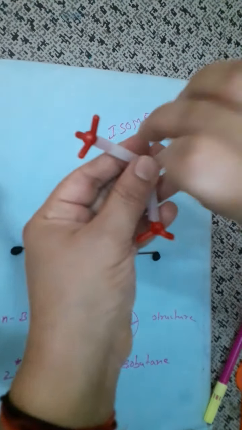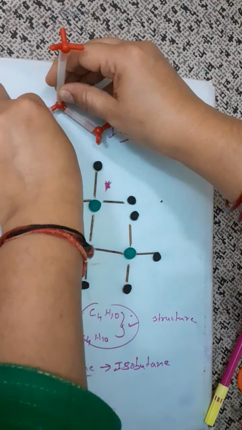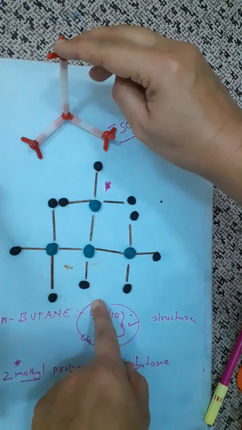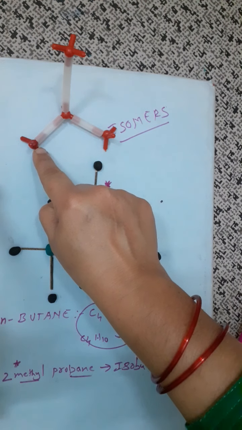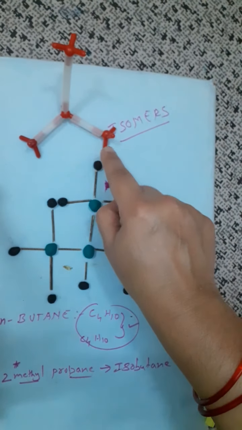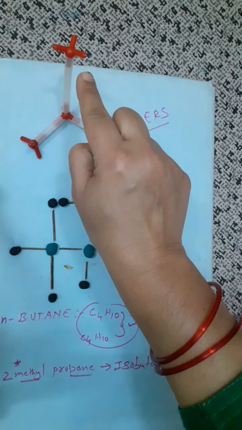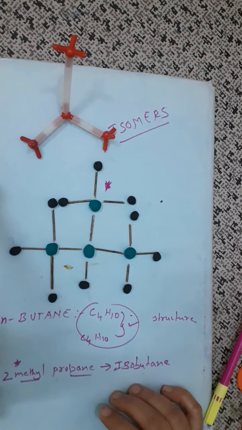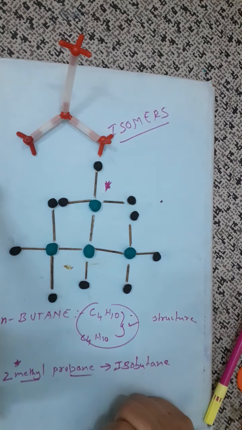You see how the structure becomes somewhat like this. Now let us compare this structure and the earlier one. Here also there are 3 carbons, so propane, and attached to the middle carbon is a methyl group. So that's why 2-methyl propane. Fine, children. So this is about isomers. Now let us see another example.